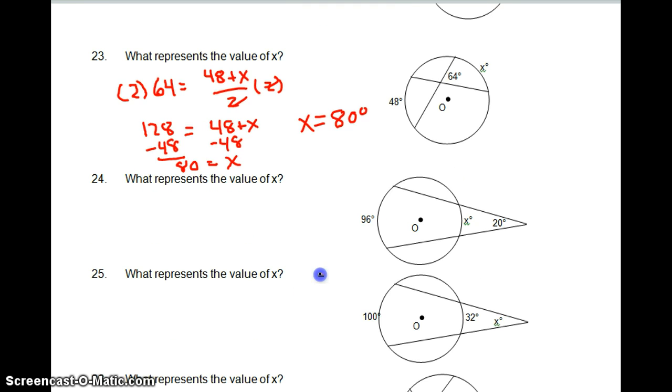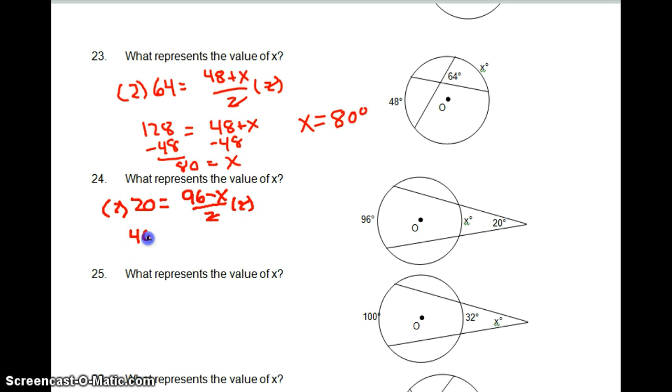24. What represents the value of x? Okay, when the angle is outside, we subtract the two arcs. So we're going to say 20 equals 96 minus x divided by 2. Again, we're going to multiply by 2. These cancel out here.